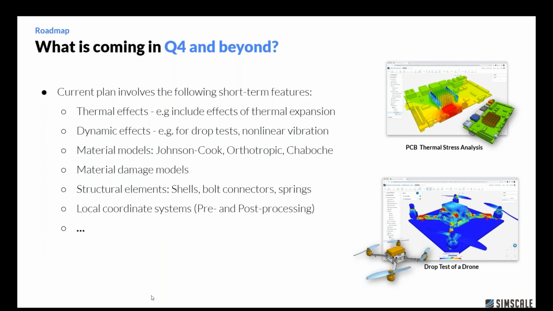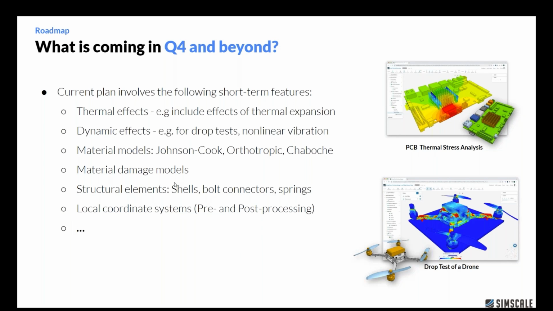But so far, we're pretty confident that we will add the thermal effects as well, right? So you can take into account the thermal expansion, dynamic effects as well. So you can do drop tests, right? And then really make more use of the self-contact features for large deformations. And it will go on with more material models, more boundary conditions, and structural elements.